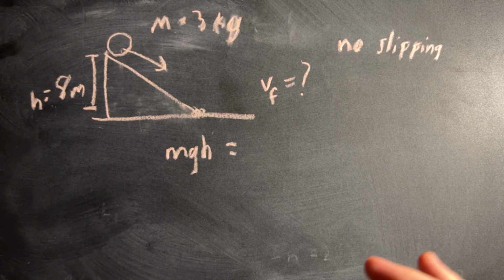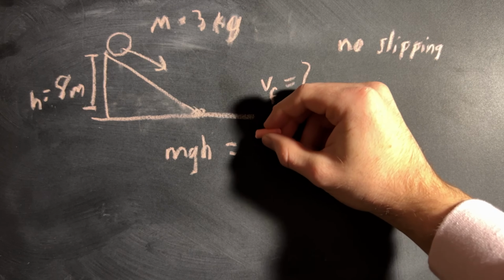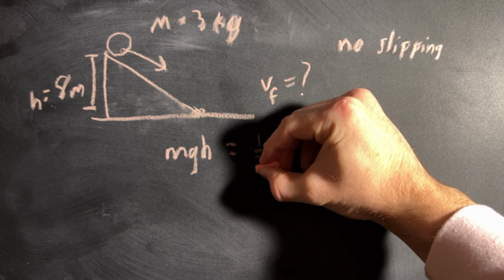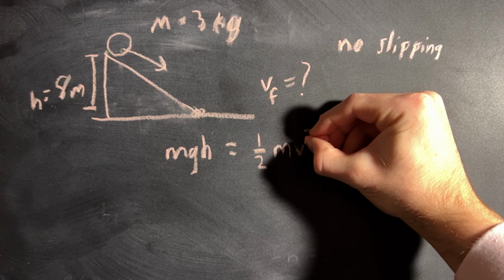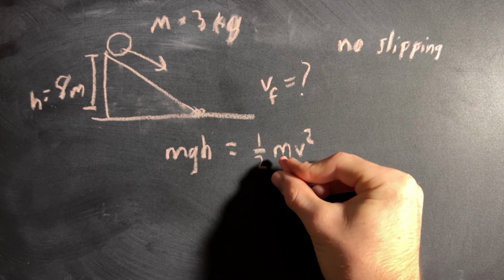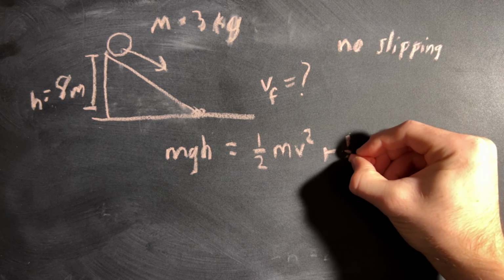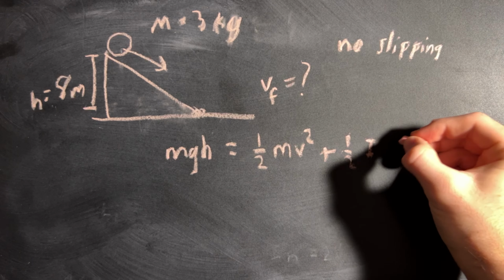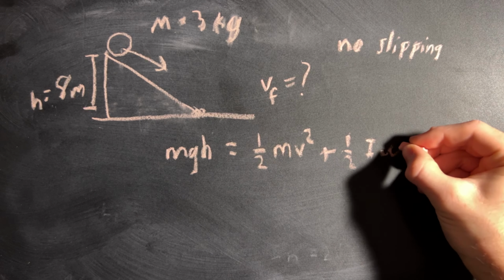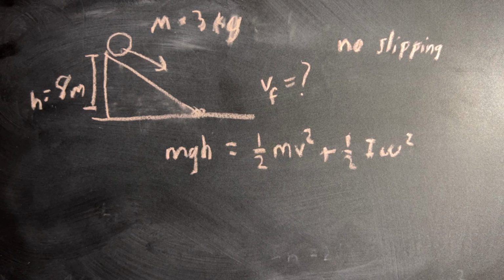This works because there's no slipping in this system, so everything will be conserved. So it'll be 1/2 mv squared, your final kinetic energy, plus 1/2 I angular velocity squared.